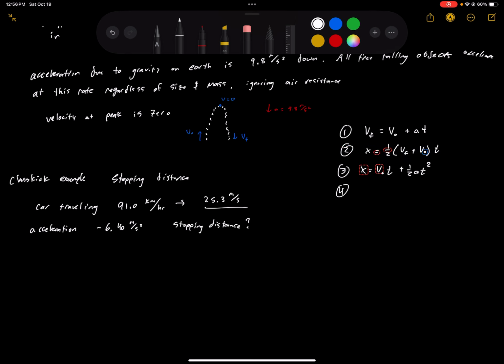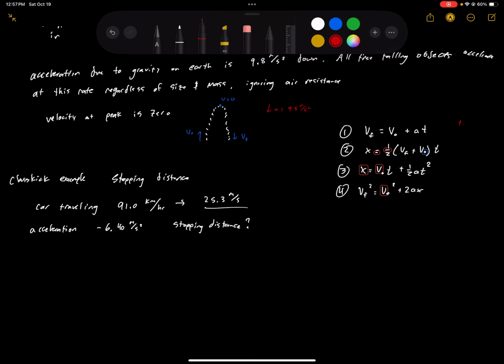And equation 4 is VF squared equals V naught squared plus 2AX. If you want to give names to these equations, let's name them, so you don't have to think of them as 1, 2, 3, 4.